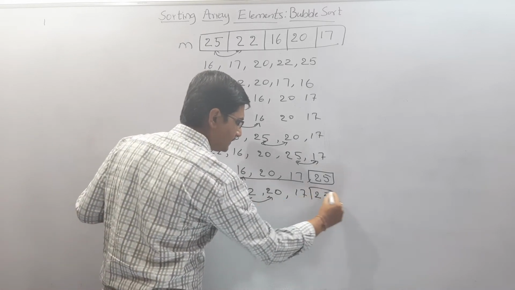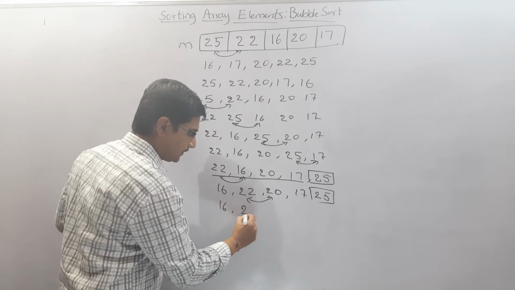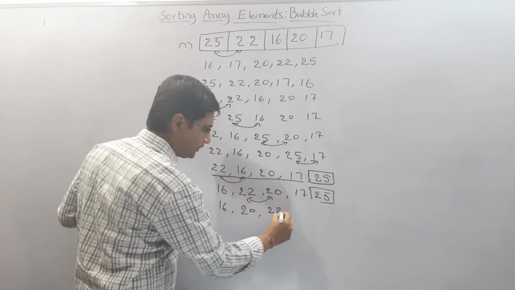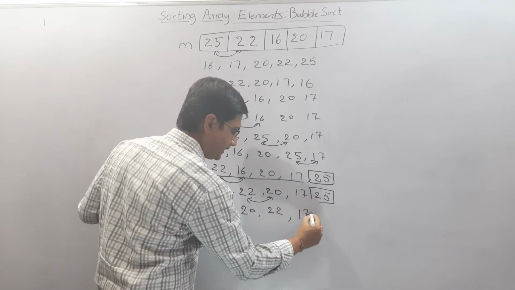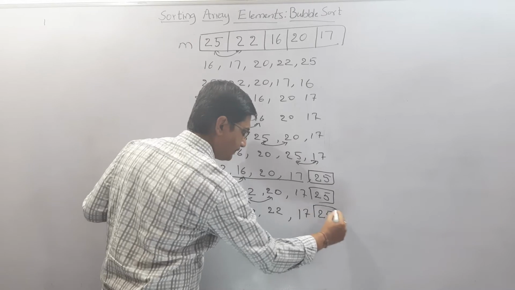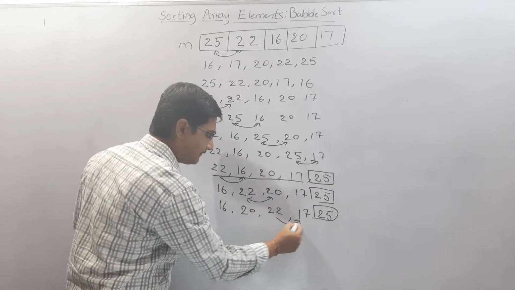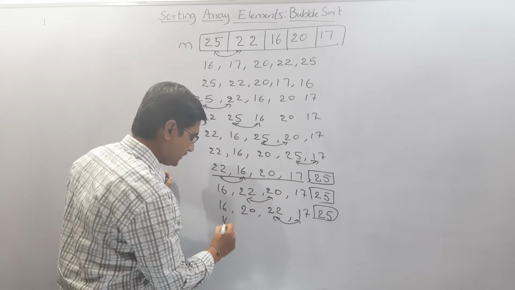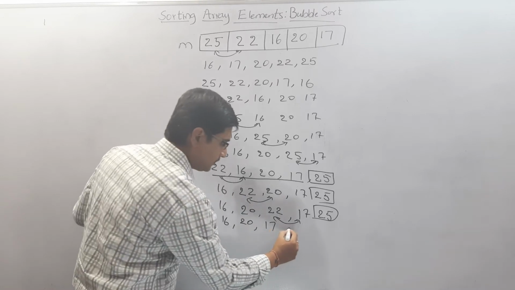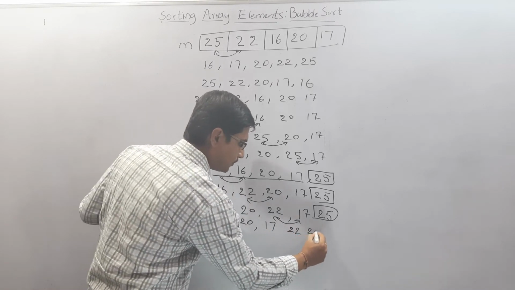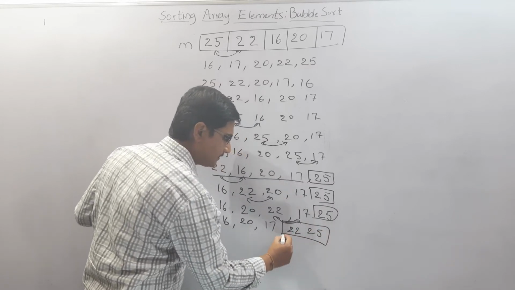This is already sorted, so it is 16, 20, 22, 17 and 25. I need not touch that part. Again I compare these two. So it is 16, 20, 17, 22, 25. See that these two are already in their final position.